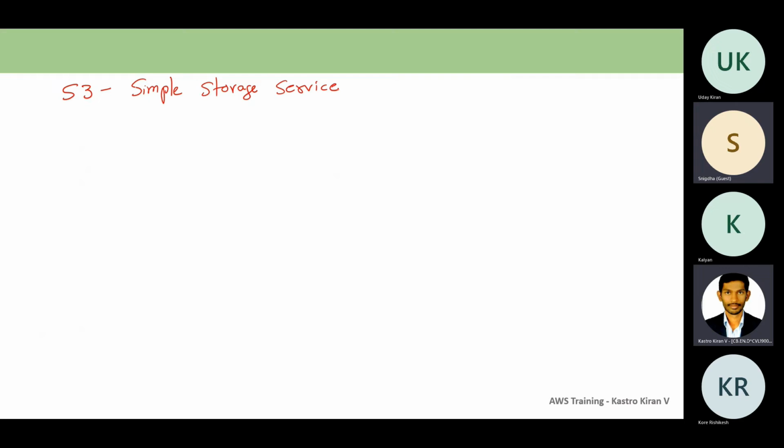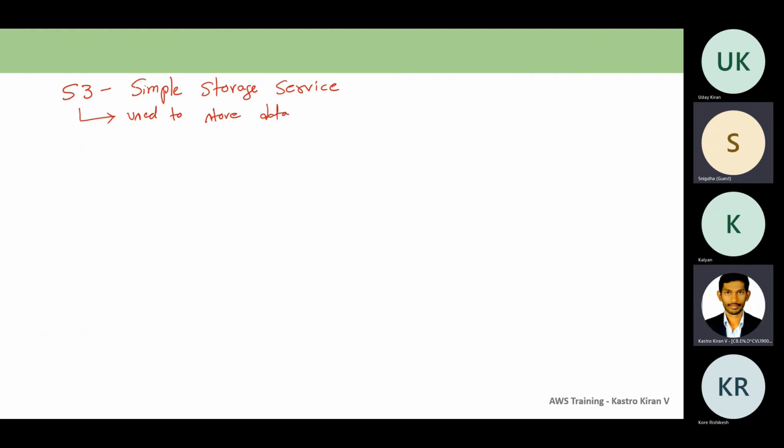It is used to store data of any type. It can be PDF files, Word files, documents, or image files, anything. You can store any type of data in S3.